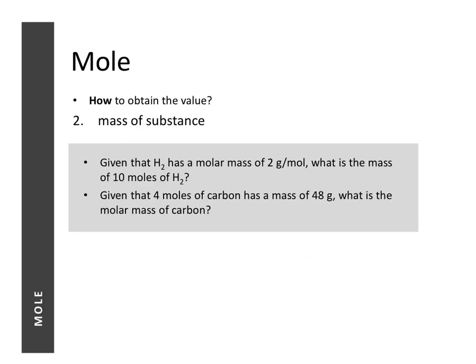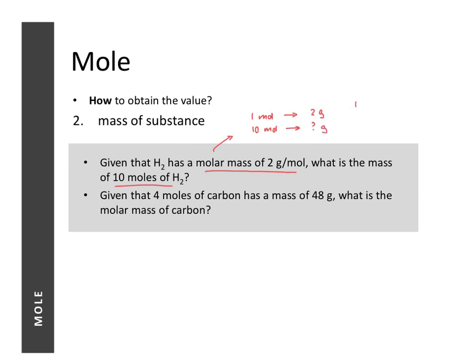So how then can we use molar mass to find number of moles? In this mathematical problem, hydrogen has a molar mass of 2 grams per mole. So again, what it means is that 1 mole of hydrogen has a mass of 2 grams. So what is the mass of 10 moles of hydrogen? 1 mole of hydrogen weighs 2 grams, so 10 moles of hydrogen weighs how many grams?